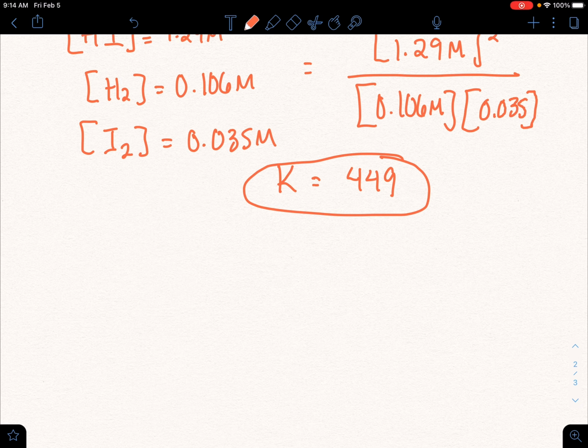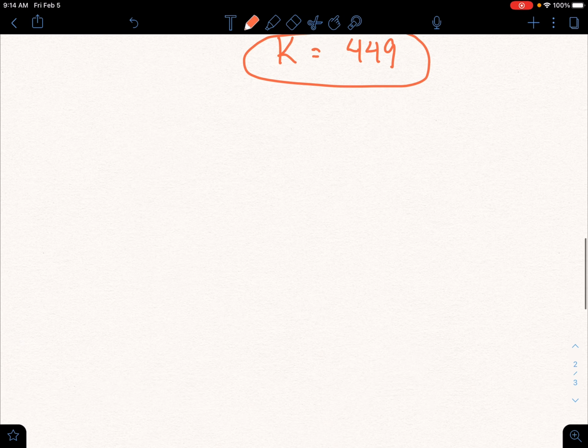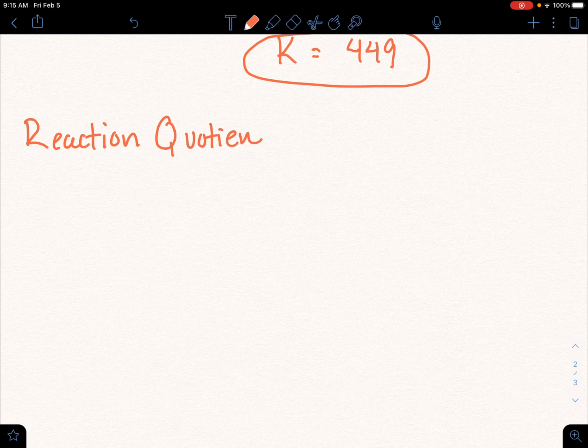So now let's talk about another important thing, the reaction quotient, Q. Sometimes you're dealing with a reaction where you know its equilibrium state, but you don't know if the reaction you're actually working with is at equilibrium.